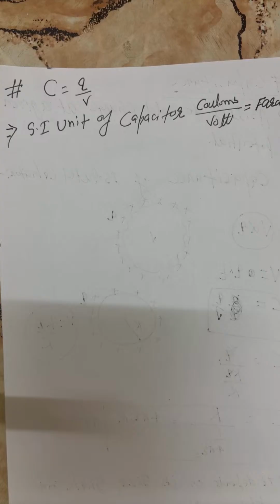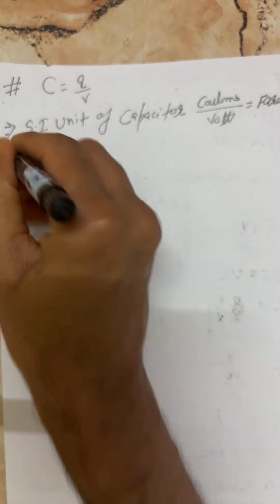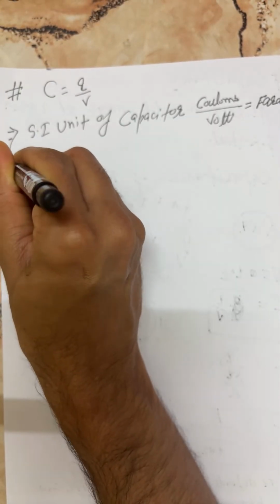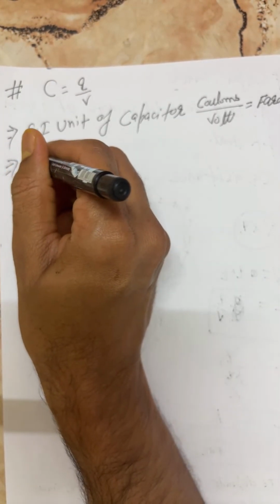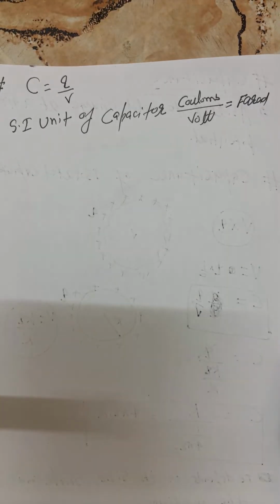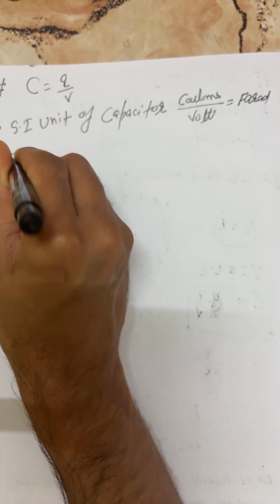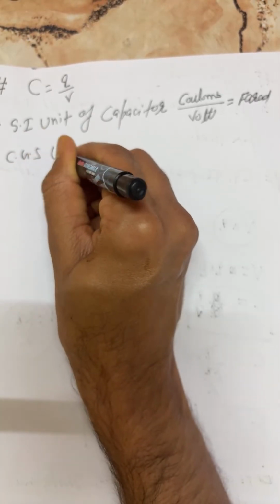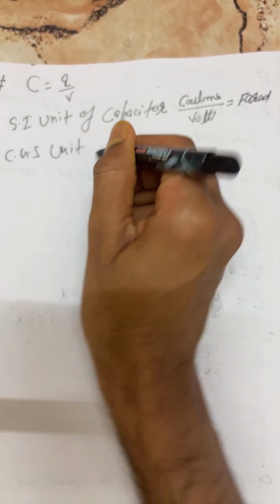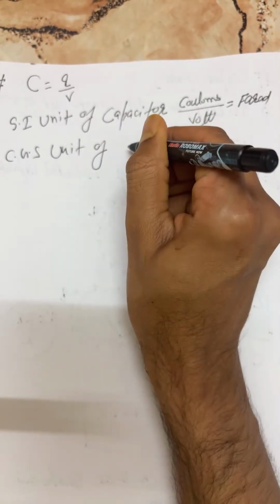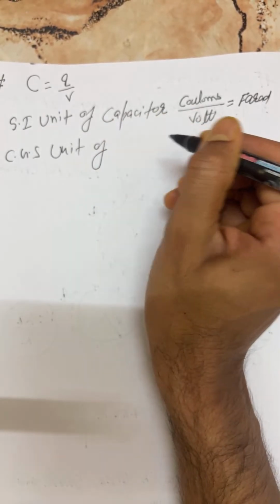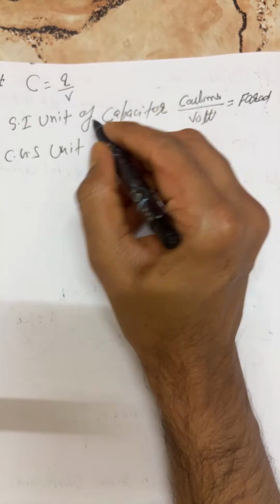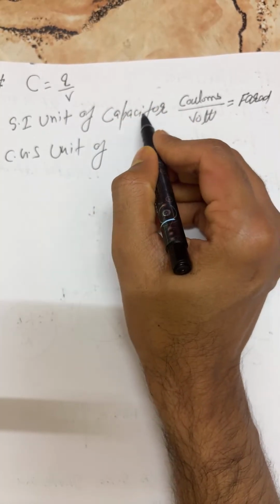So what is the SI unit of capacitance? That is farad. Okay, now a bit more interesting. What is the CGS unit of capacitance? This is the SI unit of capacitance.